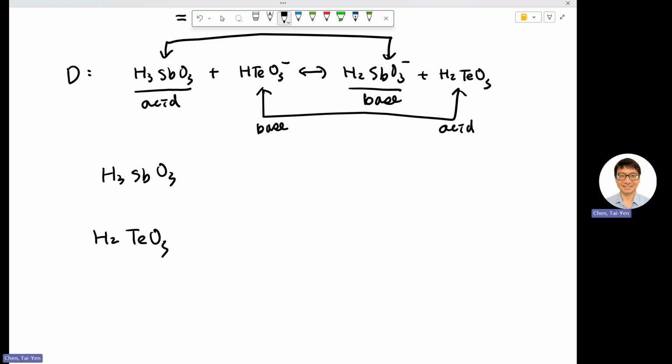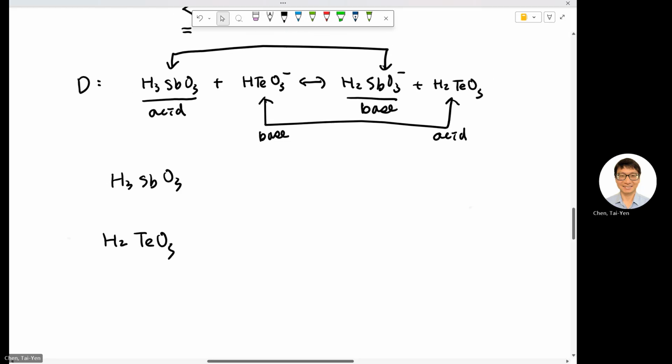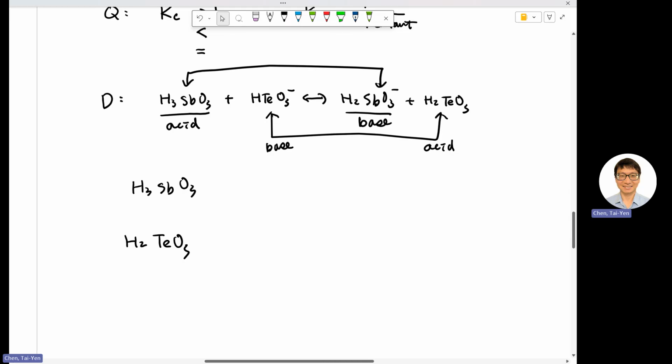Which one is stronger? Typically when you see multiple oxygen and multiple hydrogen, it's an oxoacid. And the other thing is, the center atoms are different.